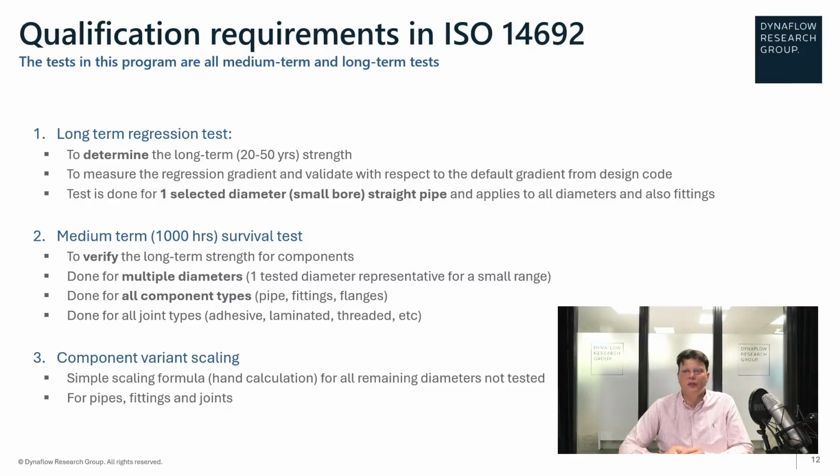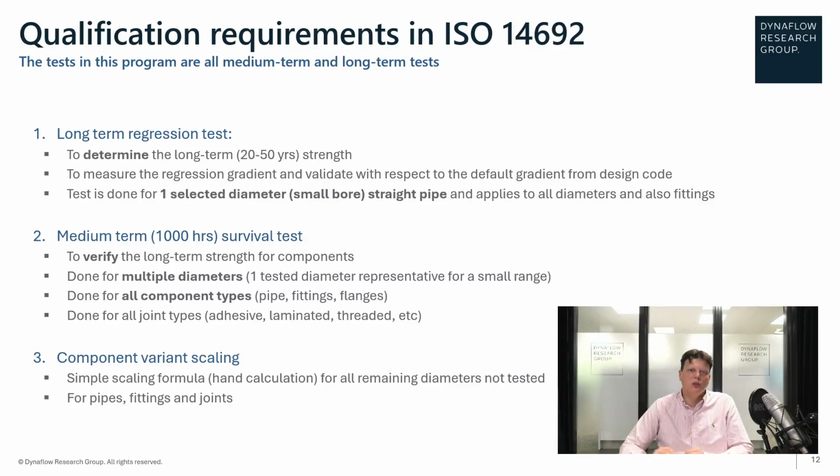From this, you obtain the regression gradient and validate it with respect to the default gradient from the design code. That's done for one diameter of a straight pipe and applies to all diameters and fittings, all of the same construction: same epoxy, same hardener, same glass fibers.